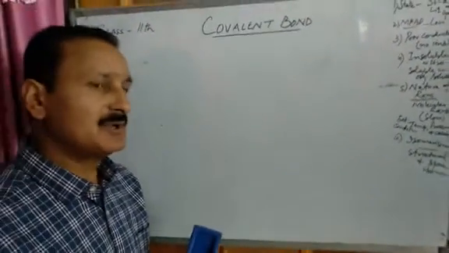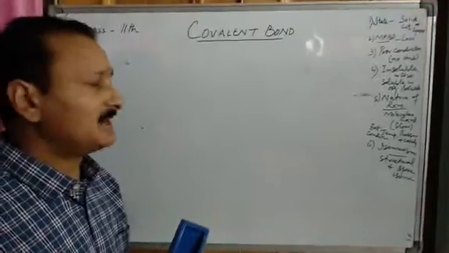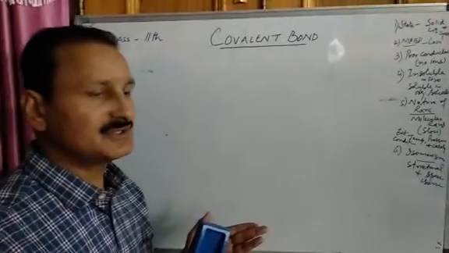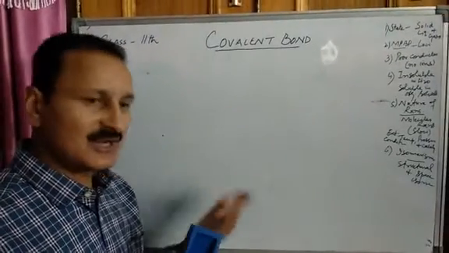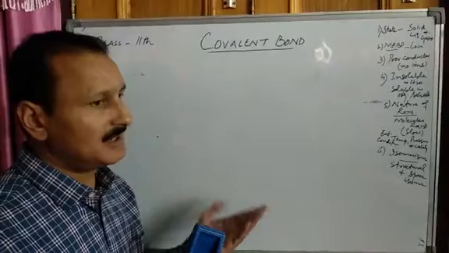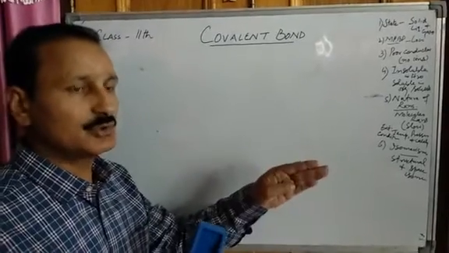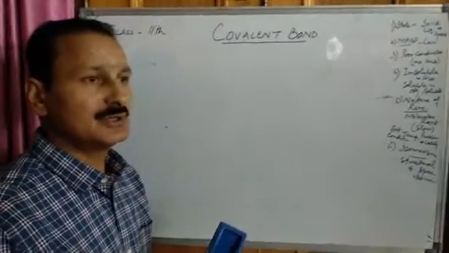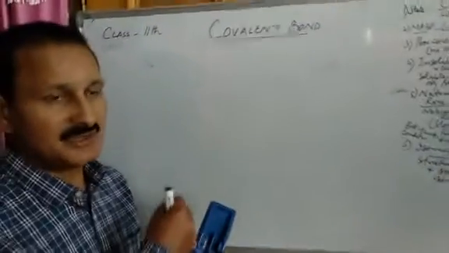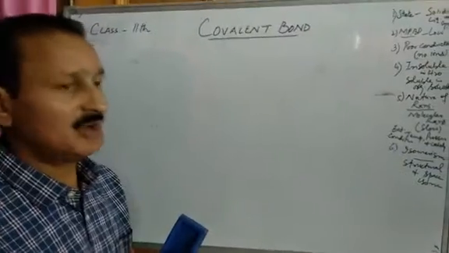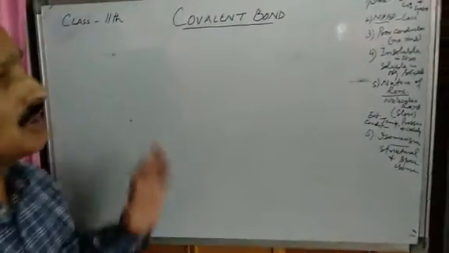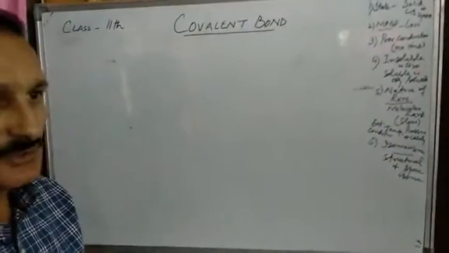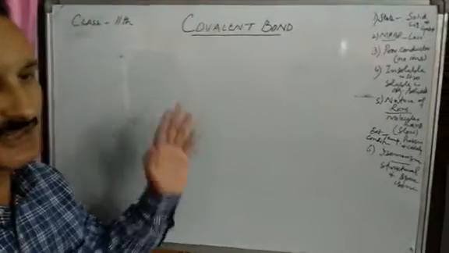In that topic, we had taken those elements which could lose electrons to become stable, and they were forming bonds with those which could gain those lost electrons, forming ions. But here no ion formation, no oppositely charged ions are formed.